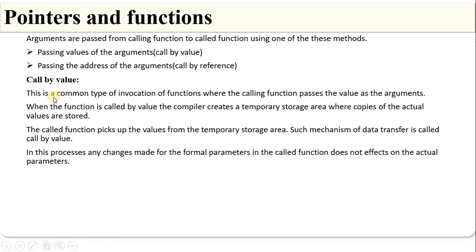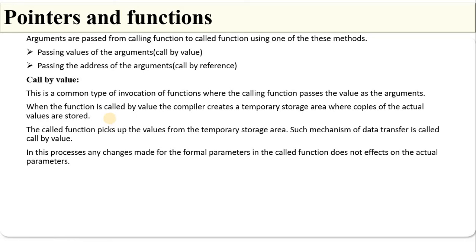This is a common type of invocation of functions wherein the calling function passes the value as the arguments. What actually happens inside this is that when a function is called by value, the compiler creates a temporary storage area where the copies of the actual values are stored.